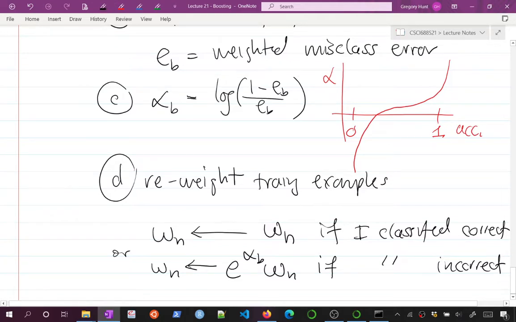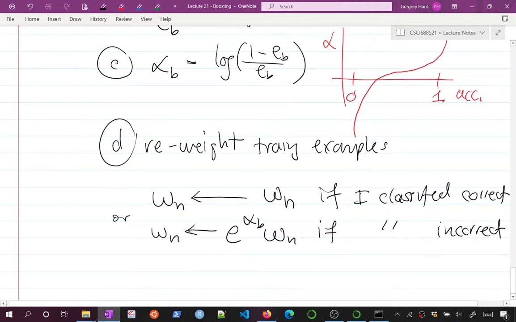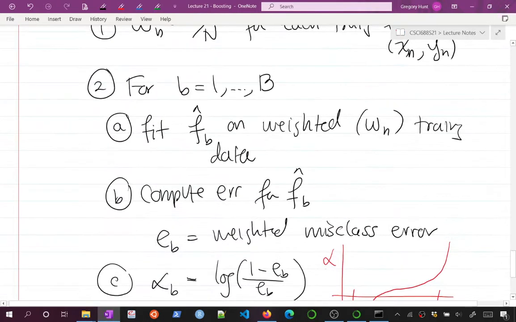So basically what we're going to do is if we classified correctly, we're not going to change the weights. If I classified incorrectly, I'm going to up the weight on that example for the next iteration. So my next classifier, as I go back up to the top of this loop, is going to be fit to focus on the example I got wrong.